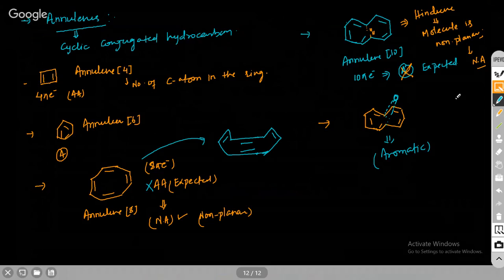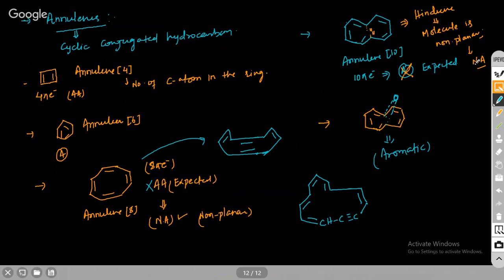One last example we'll see, a compound like this. This compound.